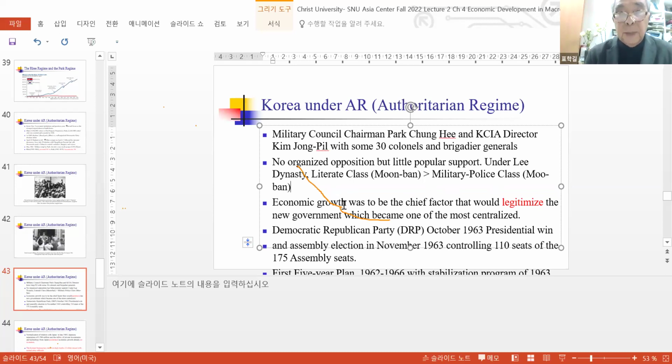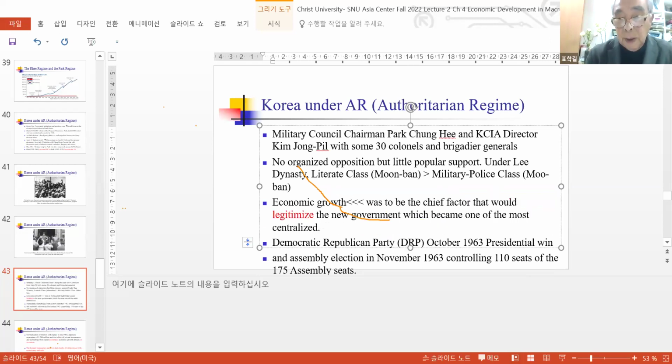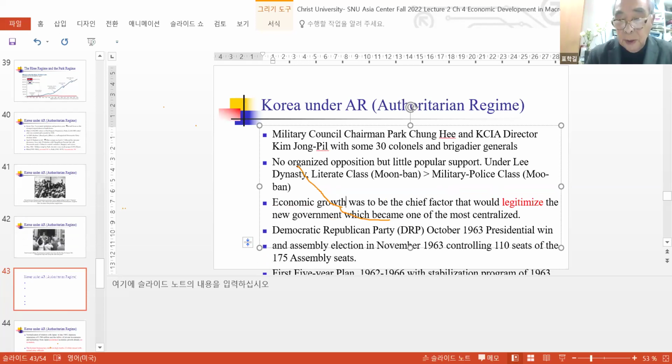In other words, economic growth was the only avenue for them to escape. Economic growth should be the first target.